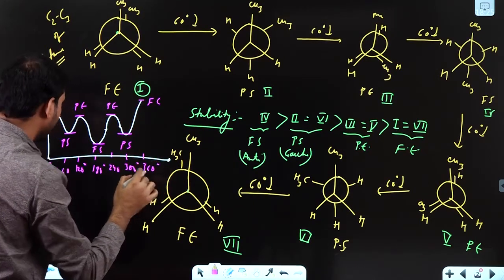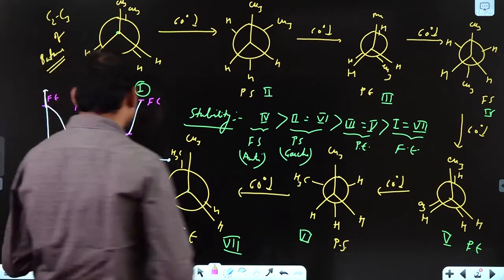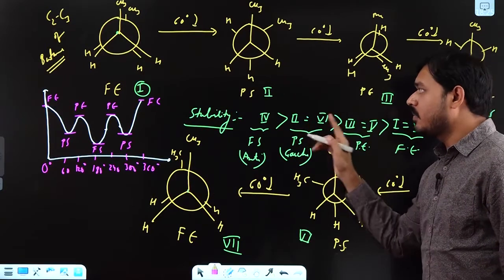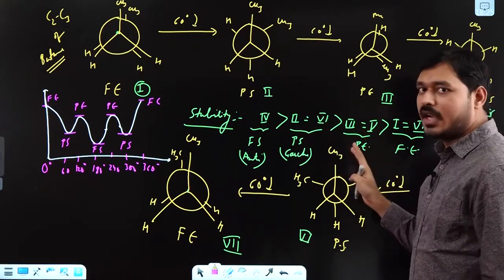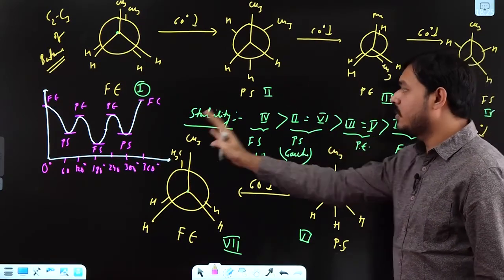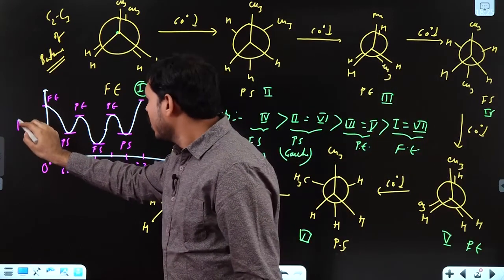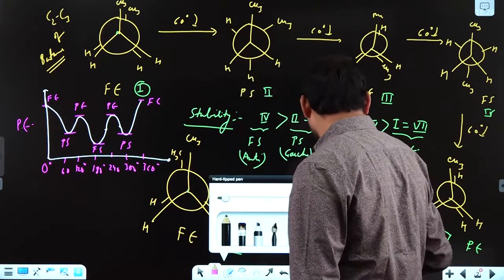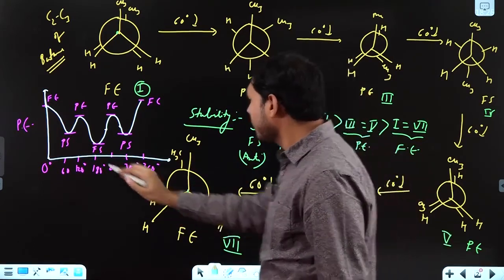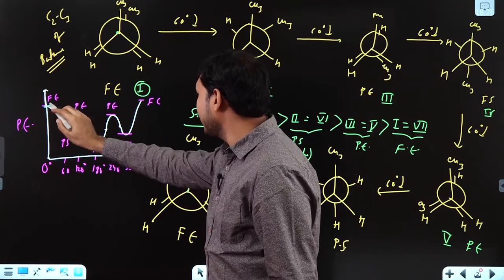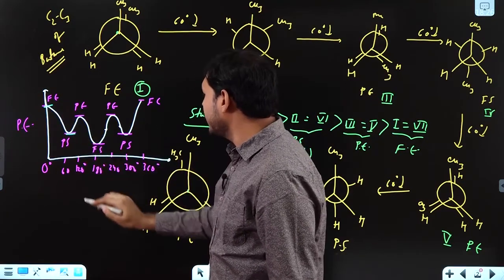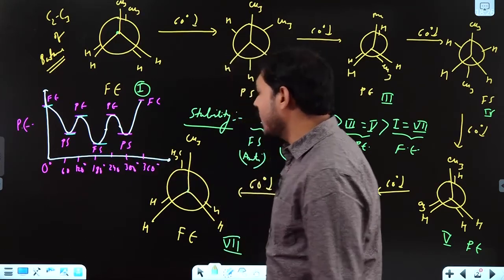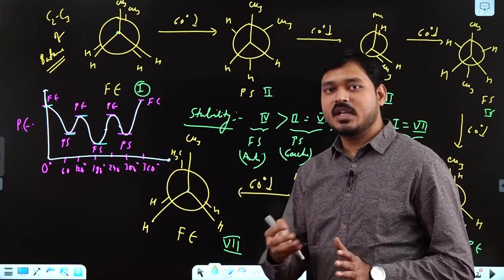So here you can see this entire structure of butane conformational isomers, all the important isomers and their energy profile diagram. This is your potential energy and these are all your conformers. Starting from fully eclipsed, it is having maximum energy, towards partially staggered, partially eclipsed, then fully staggered.